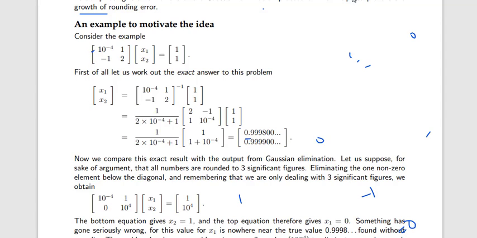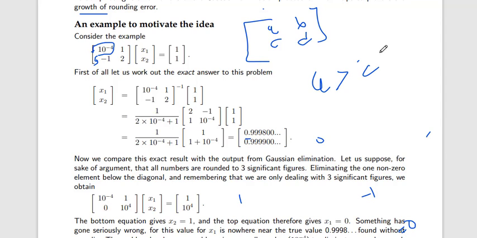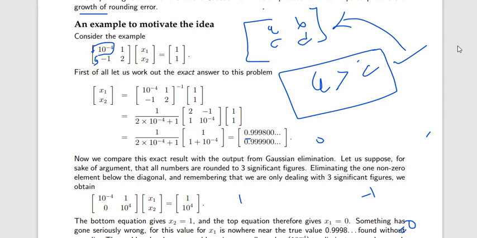In simple words, if you want to use Gaussian elimination, the first row diagonal value should be larger than the value below it. Let's take the example A, B, C, D. If A is larger than C, then we take Gaussian elimination as a method to solve the linear equation.